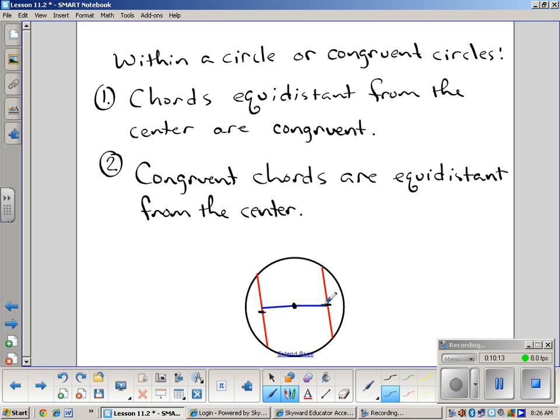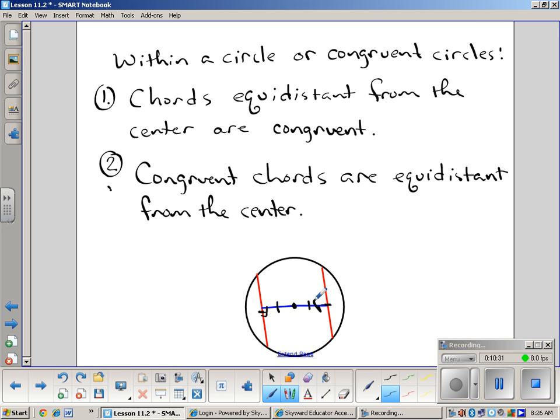They're congruent, right? And then you go from there and say, well, if they're congruent, then number 2 here says they have to be equidistant from the center. And so that would have to be perpendicular.